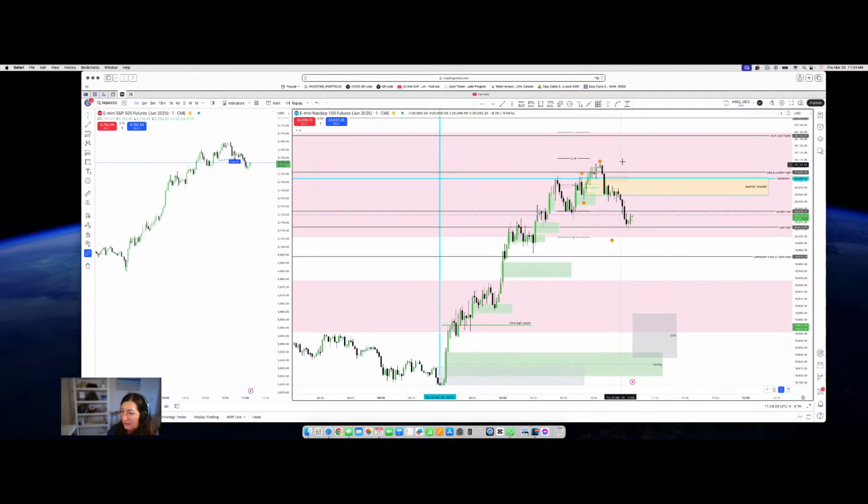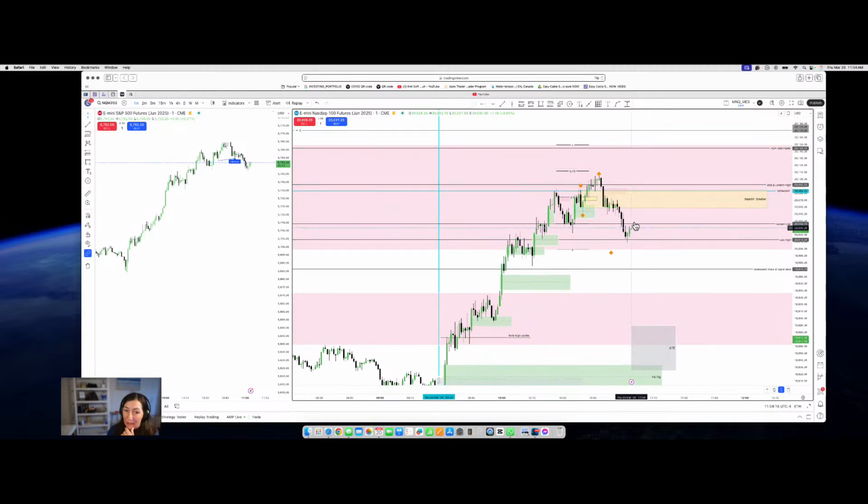I'm not risking more than 0.05% of my account. I know what my risk is on each trade, and you should know what your risk is for each trade. So I'm willing to wait for price to come back into the bearish breaker and then take the exact same trade again. So I just wanted to share that with you in terms of that's what I look for. That's how I'm trading with my account.